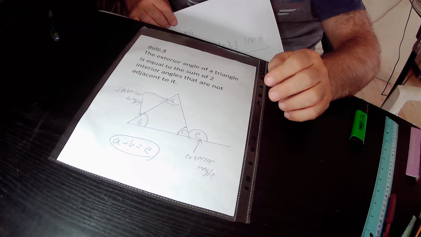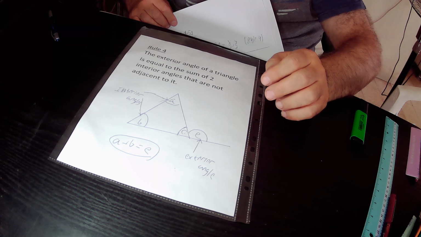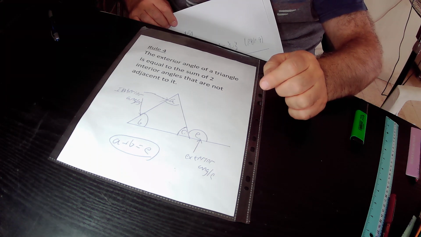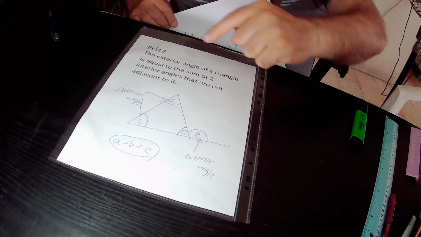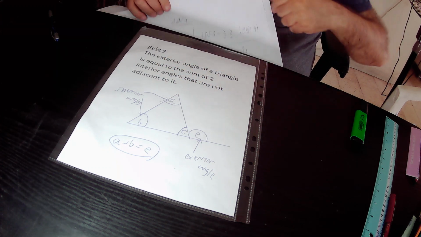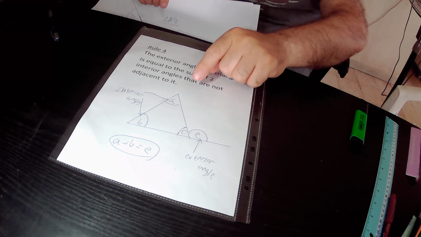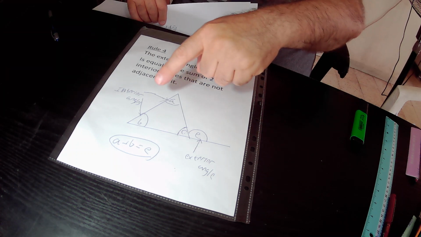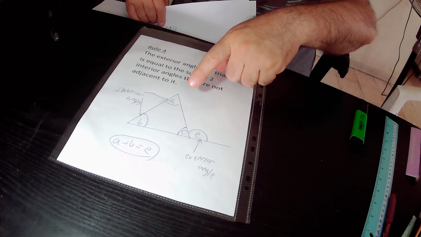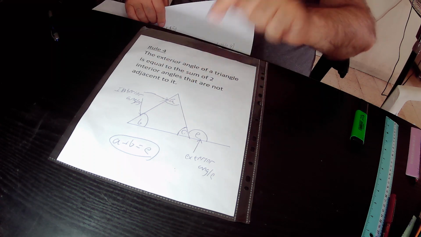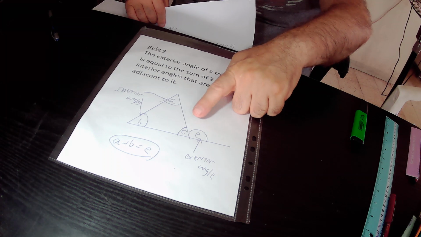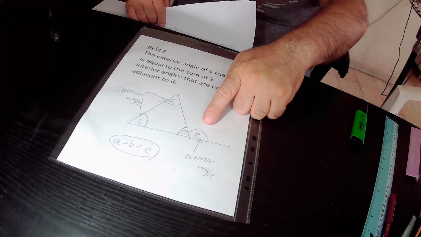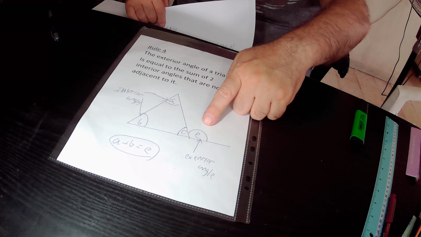the exterior angle of a triangle is equal to the sum of the two interior angles that are not adjacent to it. So in the drawing we have a circle. Inside the circle we have those three angles, A, B, and C. They are all defined as the interior angles of this triangle, while this is angle E, that is outside this triangle, and therefore this angle E is defined as an exterior angle of this triangle.